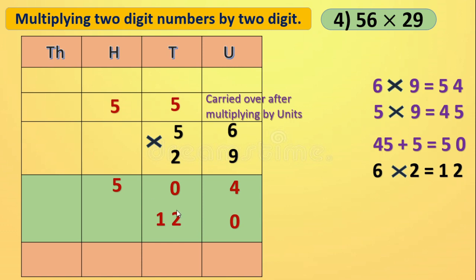Now, dear children, here 2 will remain here and 1 will be carried over. Where to write now? Yes, here in this row we can write the carried over after multiplying by tens. See here. Okay. This row we will use to write carried over numbers. 1 is carried over to the hundreds column. Got this?